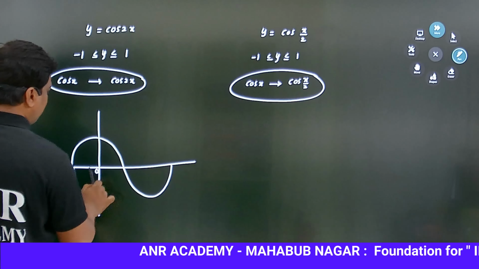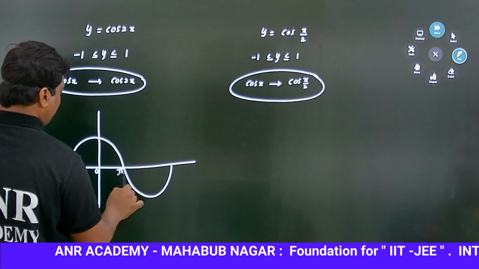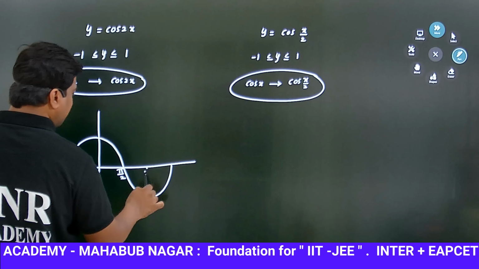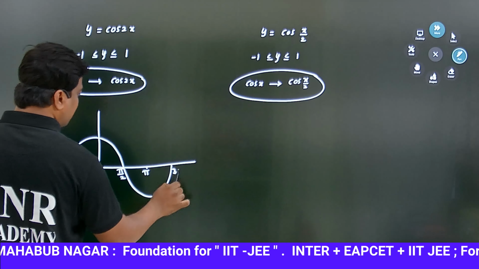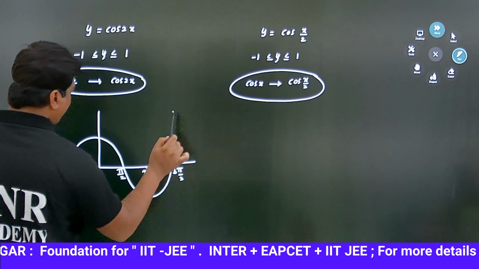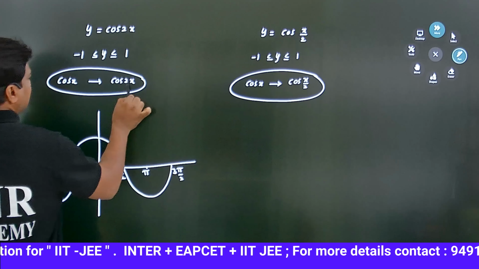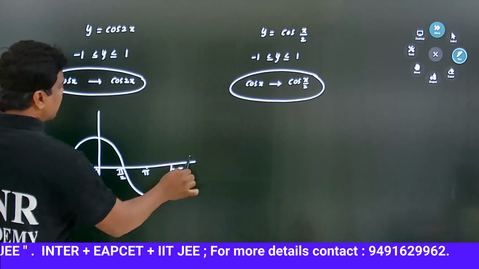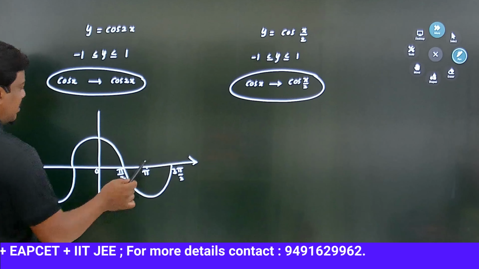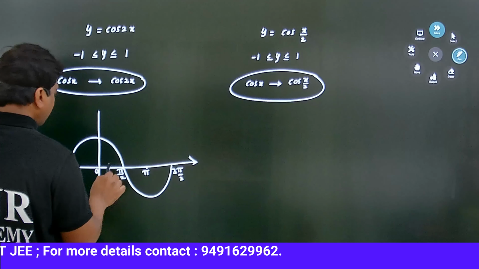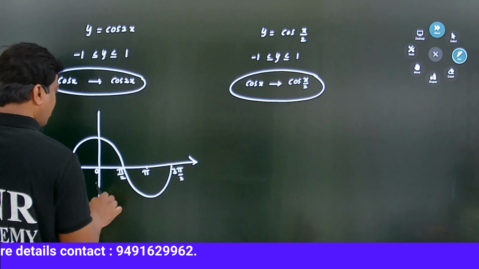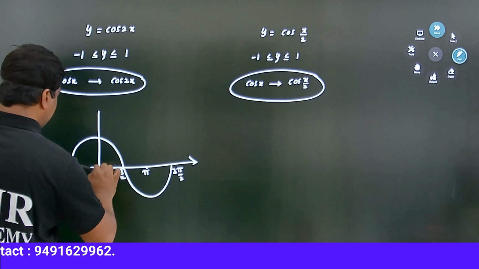Here it is 0, this one pi by 2, here it is pi, and here 3 pi by 2. You have to shrink the graph towards x directions 2 units, nothing but you will get the graph in this way.